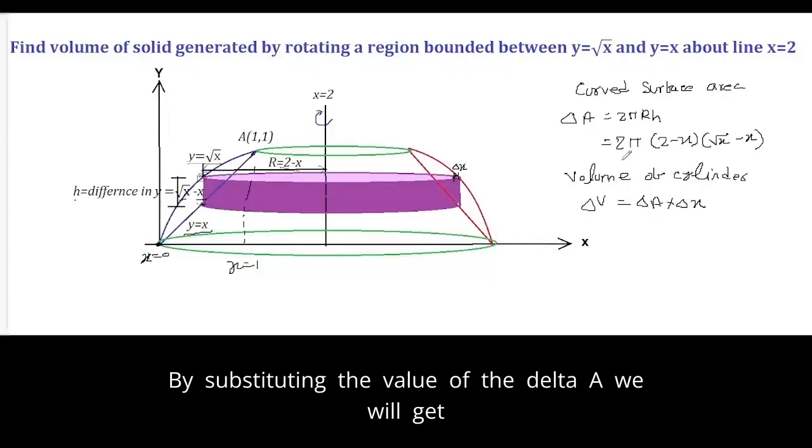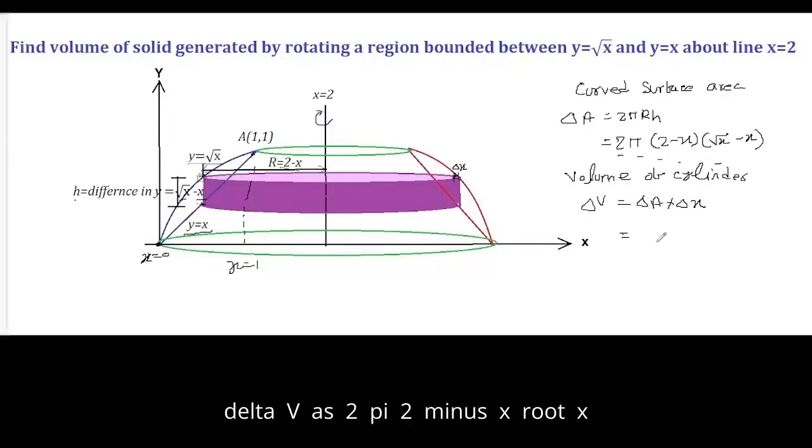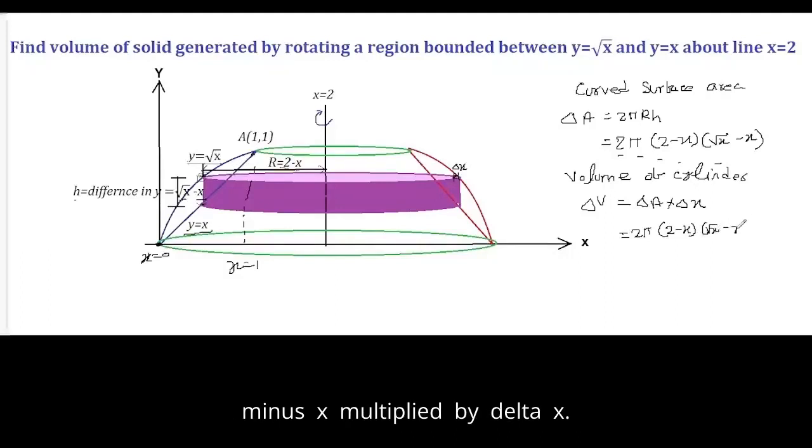By substituting the value of delta A, we get delta V as 2 pi (2 minus x)(root x minus x) multiplied by delta x.